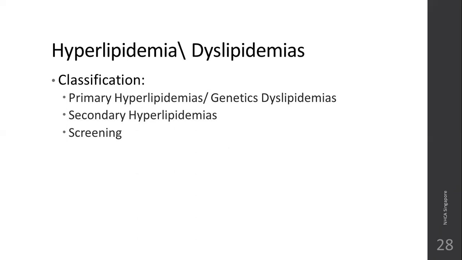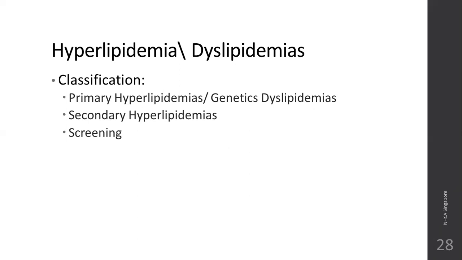Then screening: a blood test is done, and if your serum cholesterol is between 170 to 200, it is considered an estimate. And if the average serum cholesterol is more than 170 mg per deciliter, you have to do the lipid profile to understand which particular cholesterol is high.